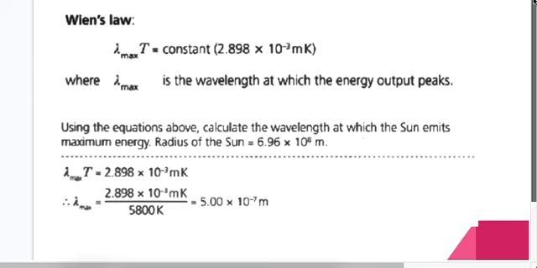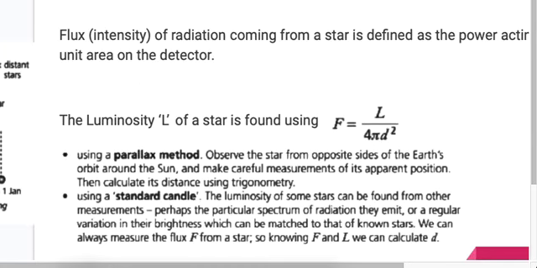Before we look at the next law, let's also quote a simple definition of the standard candle, so that whenever you see this in the exam and you're asked to define it, you can do that precisely. A standard candle is an object in astronomy that has a known absolute magnitude or known luminosity.